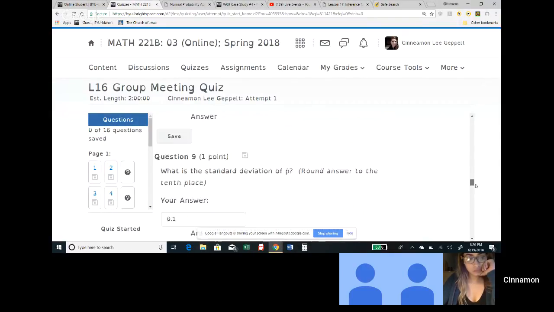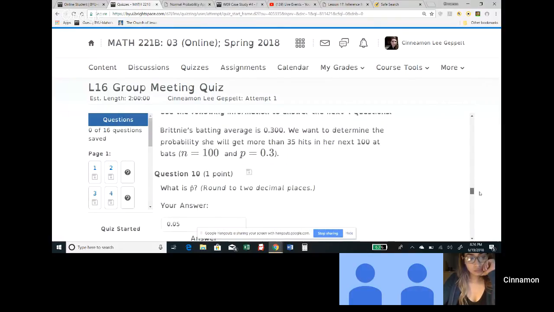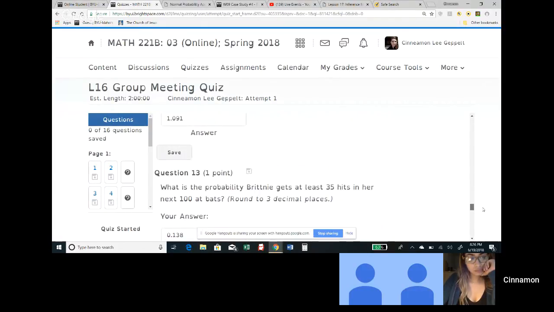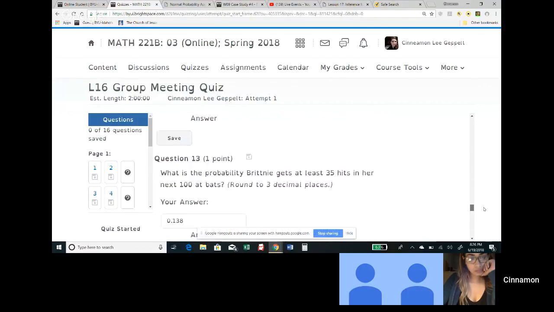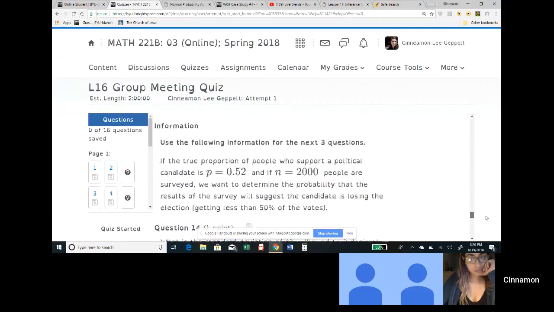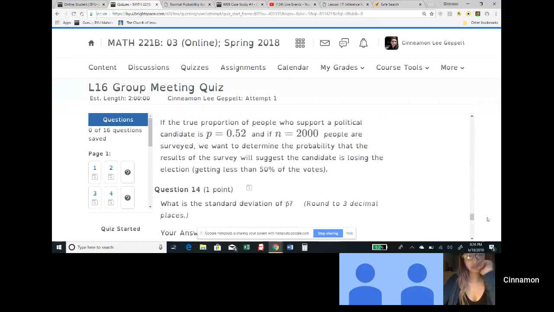So 9 is 0.1, 0.05 for 10, 0.046 for 11, 1.091 for 12, 0.138 for 13.